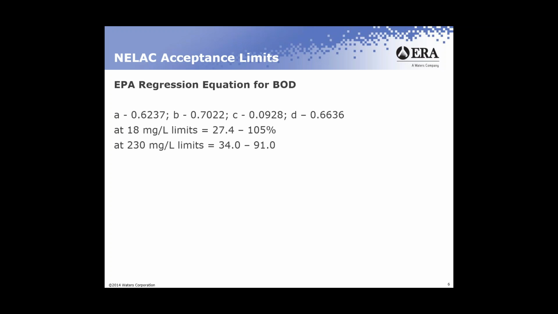So technically, if you could recover 100% of BOD, you should get back 300. But as those of you who run that as part of your QC for your method know, you're expected to get back 198, which is about 63 to 64% of what you spike into that. So the EPA takes that into consideration because that's the limitation of the method.